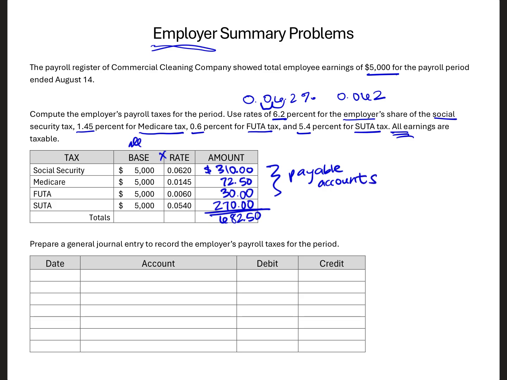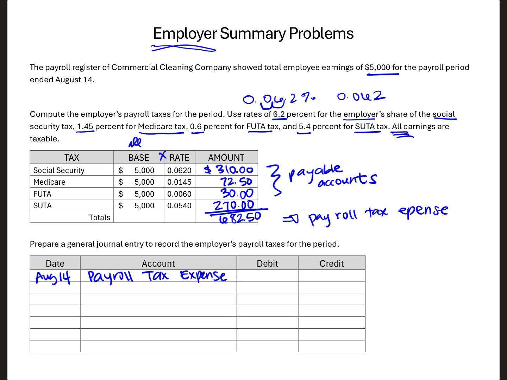And in total, we're going to put the total into payroll tax expense, the expense account that offsets these. So to put these in our journal on August 14th, we're starting with the payroll tax expense. Like all of our other expenses, it's going to be entered and increased as a debit.